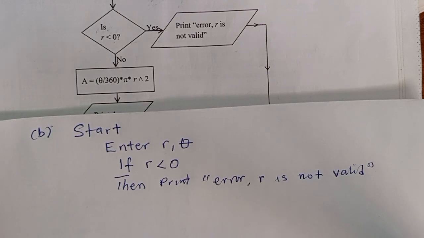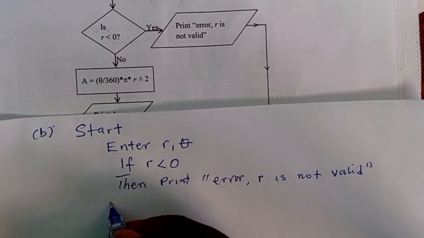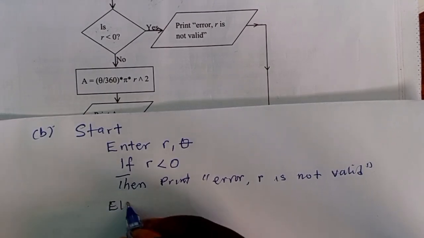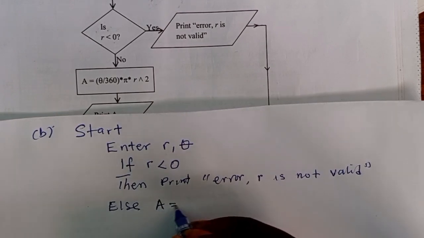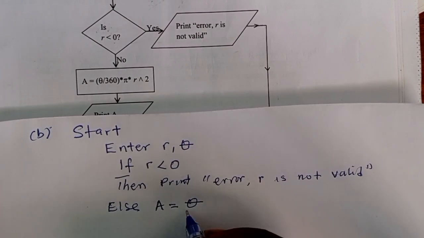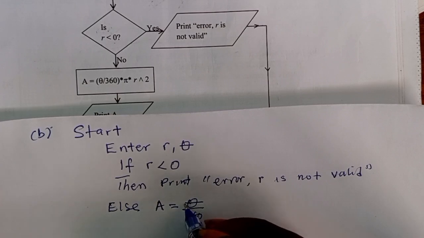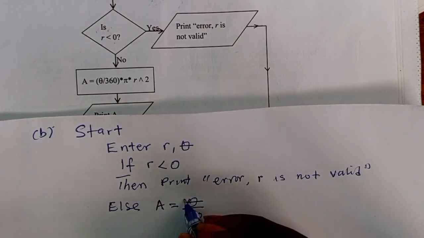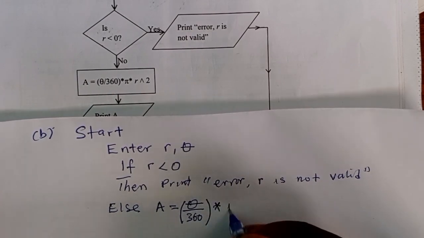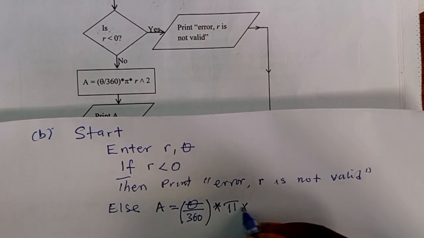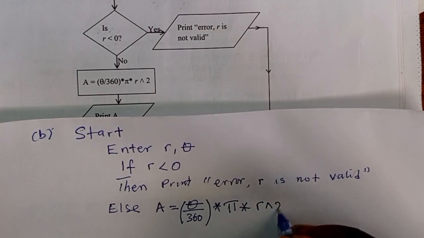So you need to proceed by saying else A is equal to theta over 360, times theta times r to the power 2.